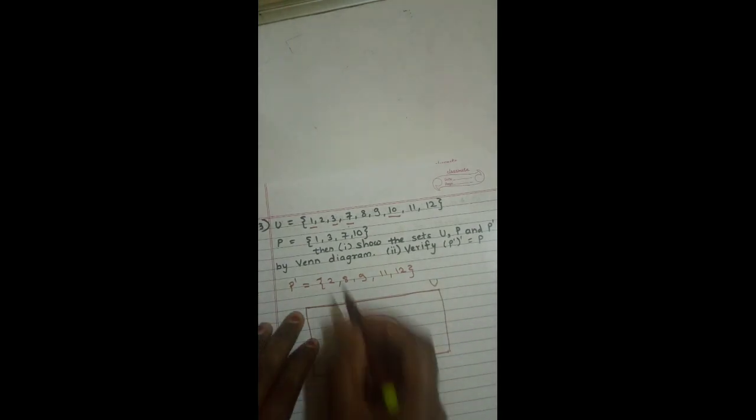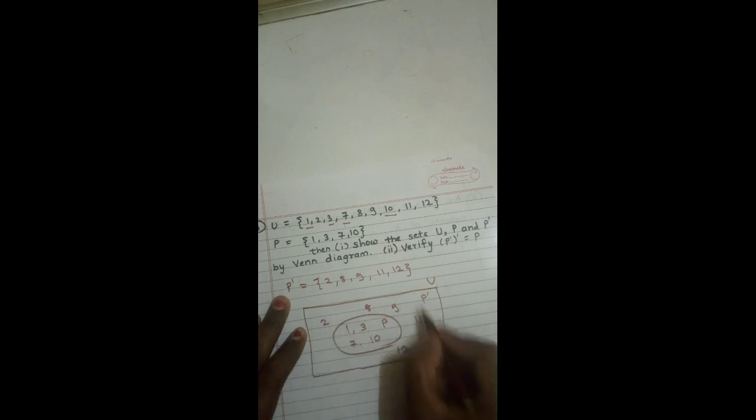This is our universal set U. The remaining elements we have to write here: 2 8 9 11 and 12. So this is universal set. Now we can see that P complement is the set of this. This is our P complement.